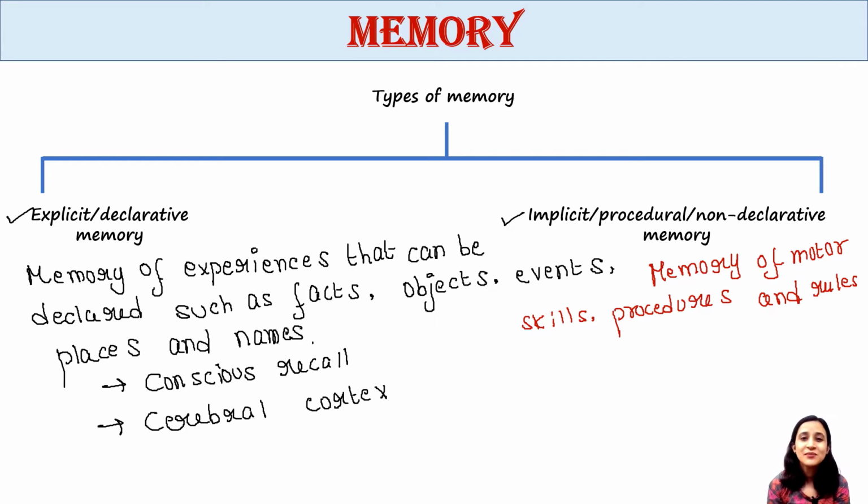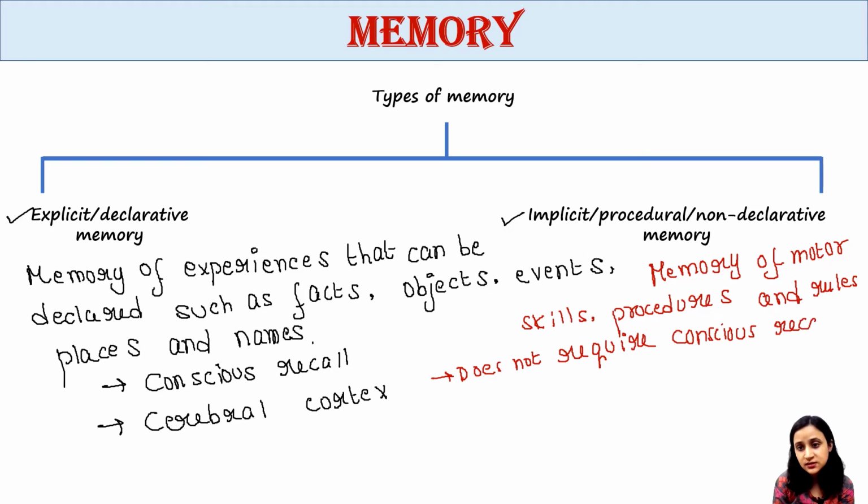This type of memory does not require conscious recall, and it is stored in the cerebellum. So it is stored in the cerebellum part of our brain.